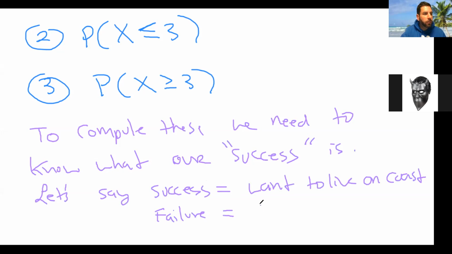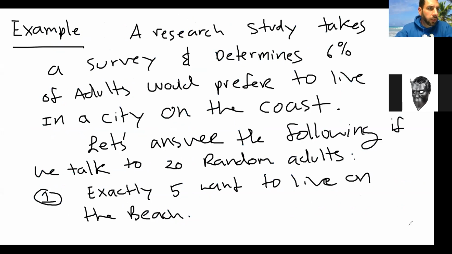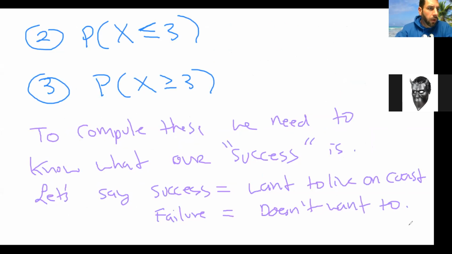So what is failure? It would be the opposite. Now we can figure out what our probabilities are, because we are told in the problem what the probability of a success is and what the probability of a failure is. We know that 6% of all adults want to live on the coast.